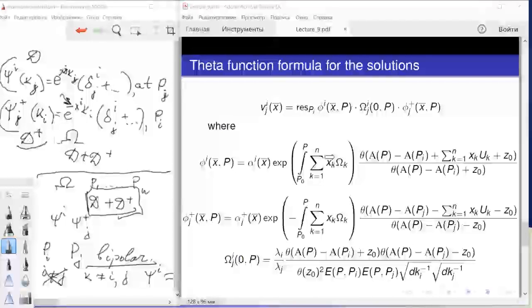So we just express the differential omega introduced earlier via one-pole differentials having poles of second order, which are called differentials of the second kind on the Riemann surface.